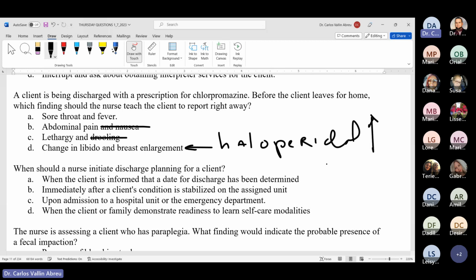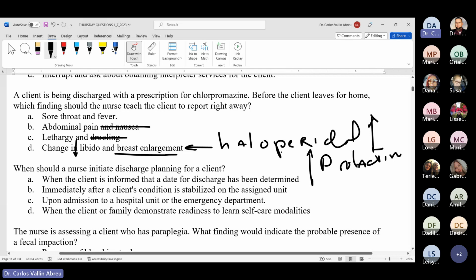Haloperidol increases the level of prolactin. Prolactin is a hormone that we have, men and women, that in women stimulates the production of milk after birth. But it is present in both genders, because when you increase prolactin, breasts enlarge and become tender, and the libido decreases. Prolactin inhibits the libido. Usually, postpartum women do not have much libido, because they are breastfeeding. So it is in relation with haloperidol. So that answer is not it.